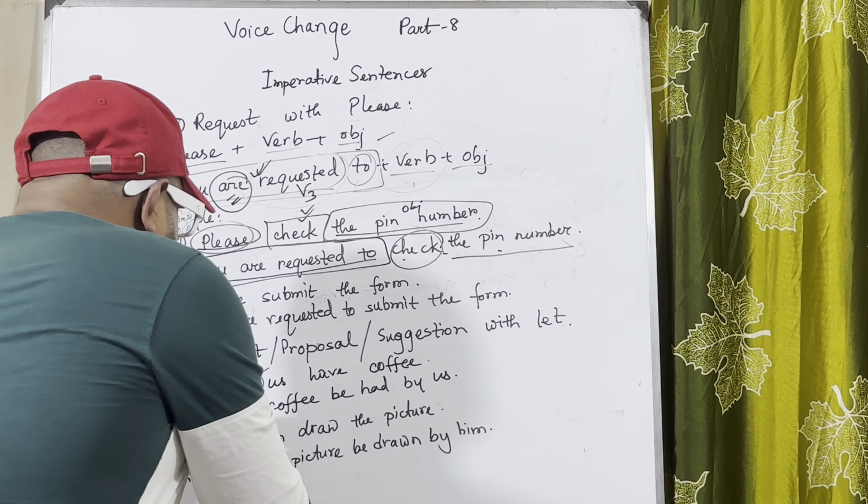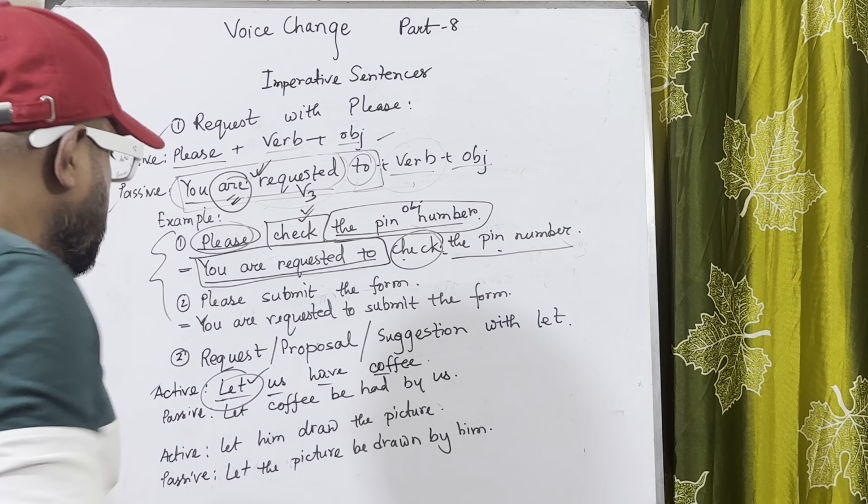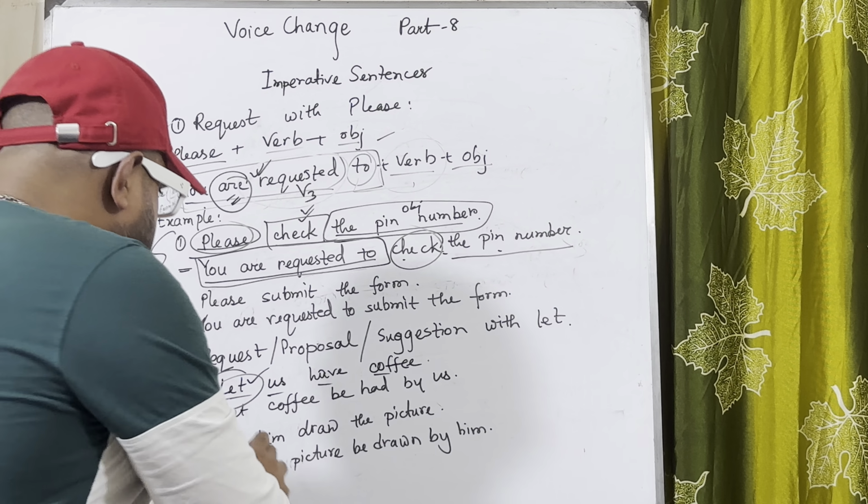So, let us have coffee. Here it's a proposal, and the way of making it passive is "let coffee". This is the object of the transitive verb. So you need to remember this thing.